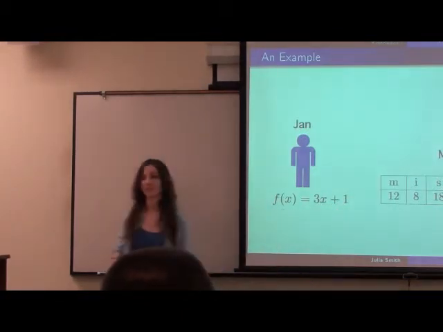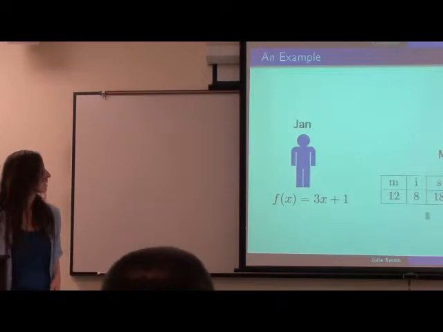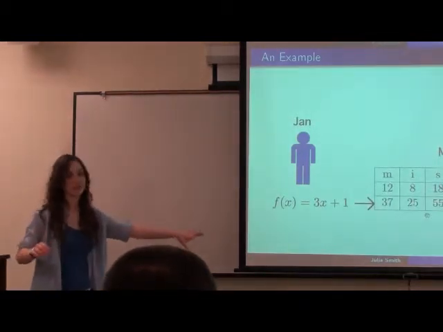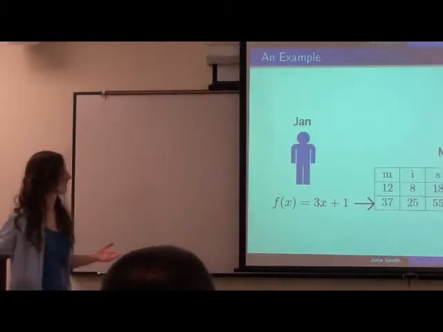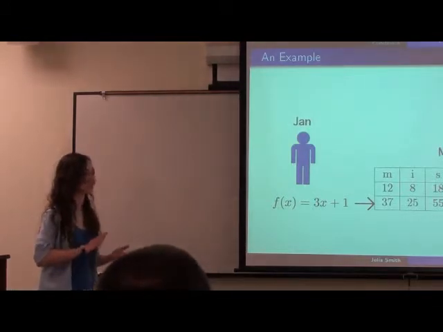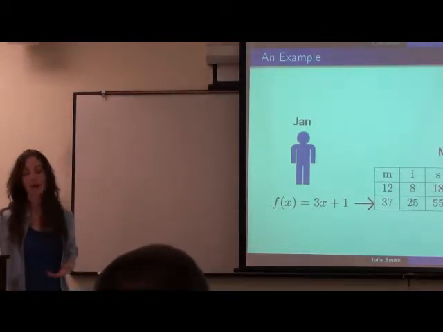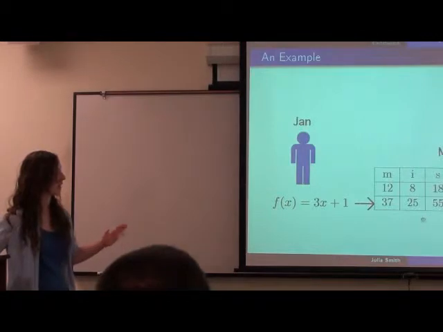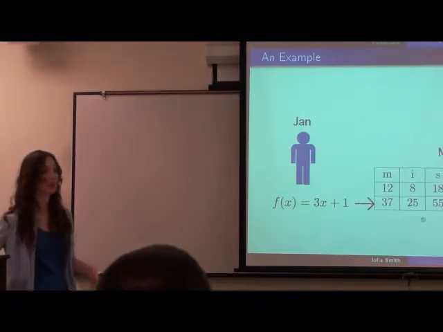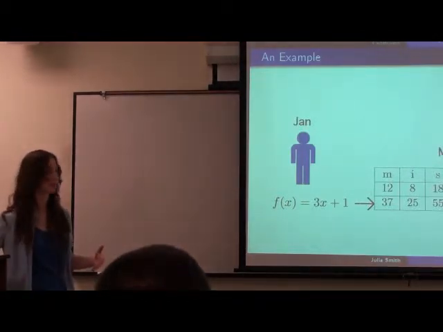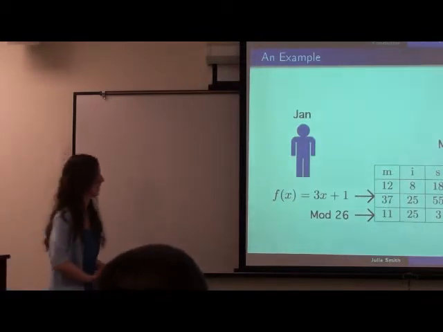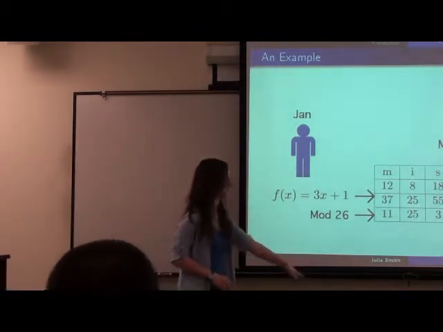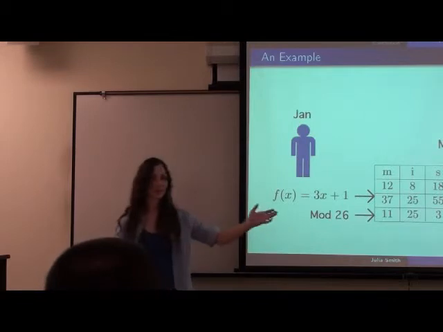Now he's going to use his linear function on each of these numbers. So he has a new set of numbers, which were the numbers once the linear function is applied. And now, in order to find out which letter these numbers correspond to, he's going to divide them by 26. So once he divides them by 26, he has a whole new set of numbers, 11, 25, and so on.